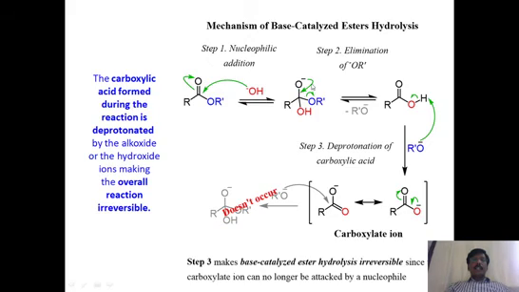After the elimination of OR dash, you get RCOOH, the carboxylic acid, as the product. In the previous case, the H plus ion is first attached to oxygen, and after that a water molecule comes and attaches to this carbon. Protonation is the first step there. Nucleophilic addition is the first step in the base catalyzed reaction. This is the main difference between the two reactions.